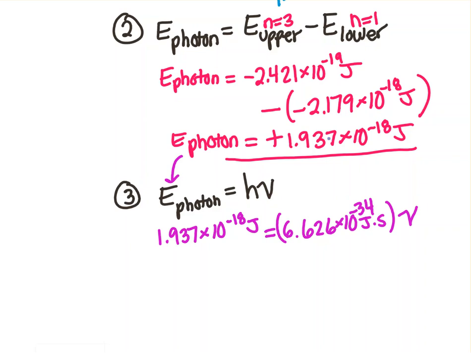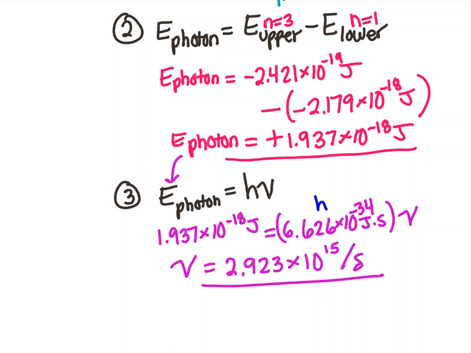Again, I use this energy of the photon here. This is Planck's constant, and I'm going to divide to get my frequency. So I divided to get my frequency. Notice that the units come out per second. And again, this is another positive number. All of the numbers from here on out will be positive numbers.